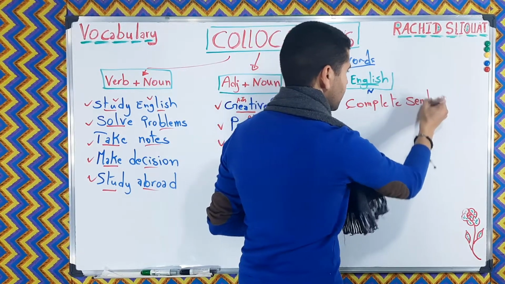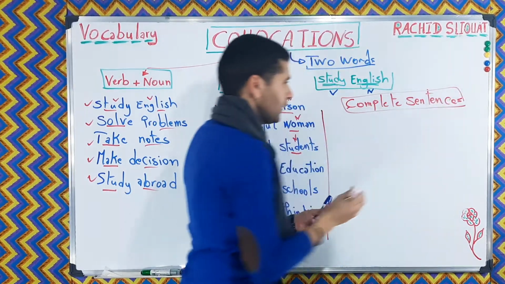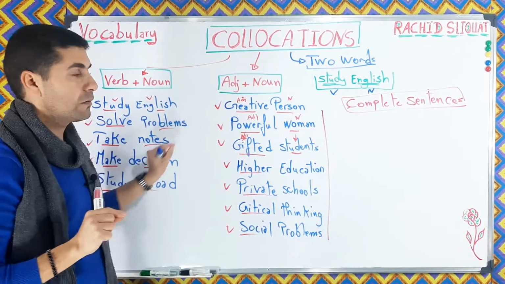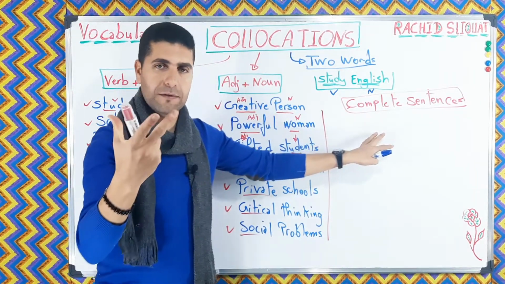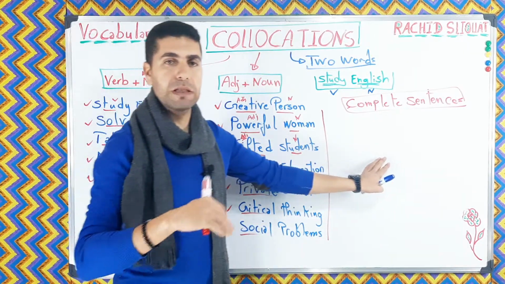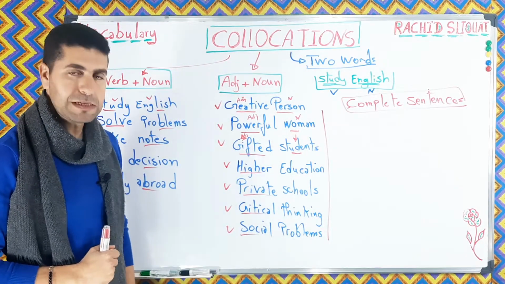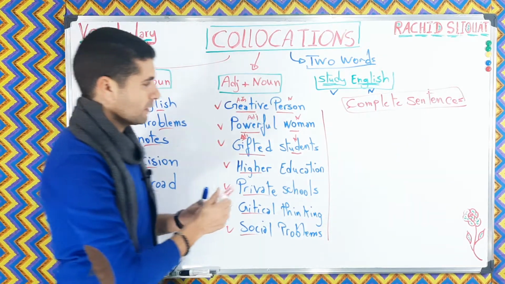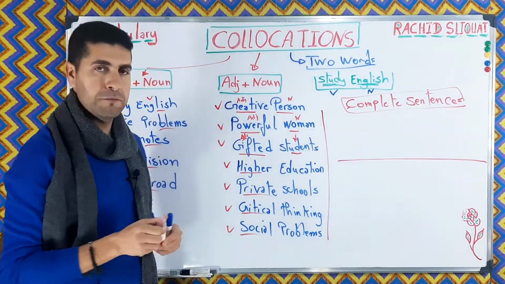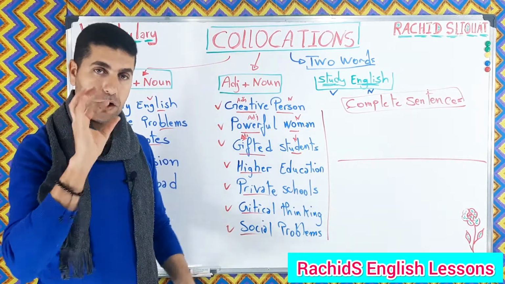To complete the sentences. Now today we are going to see how collocations can help you complete sentences when you are asked, for example, in a national exam or in a test, to complete sentences, okay? Now, for completing sentences, there are two types. Number one, is to complete the sentence with collocations.